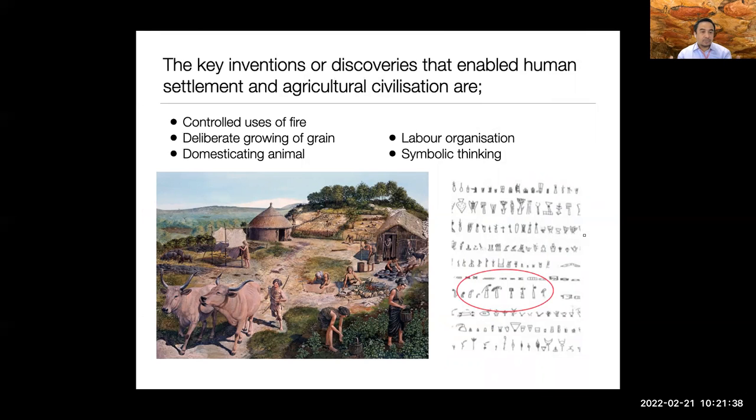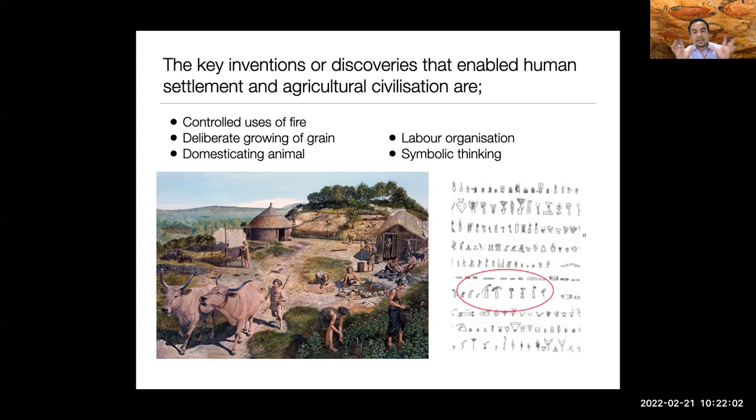We domesticate animals, right? The cow, cattle, goat, and what other kind of meat in the farm. We began to organize labor, right? This group of people doing this job, this group of people doing the other job.